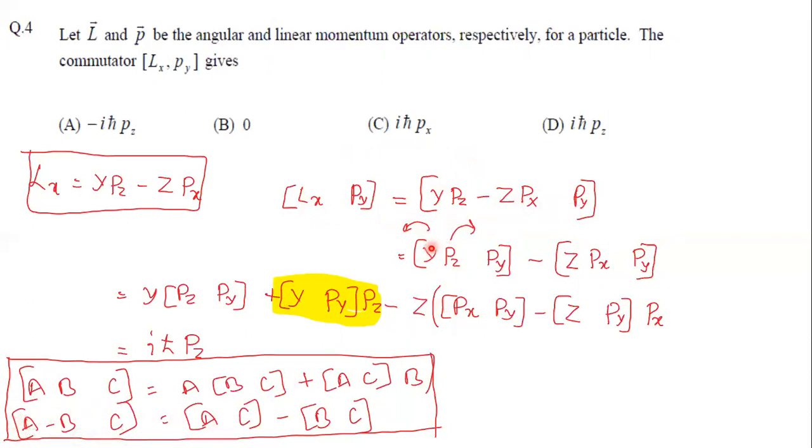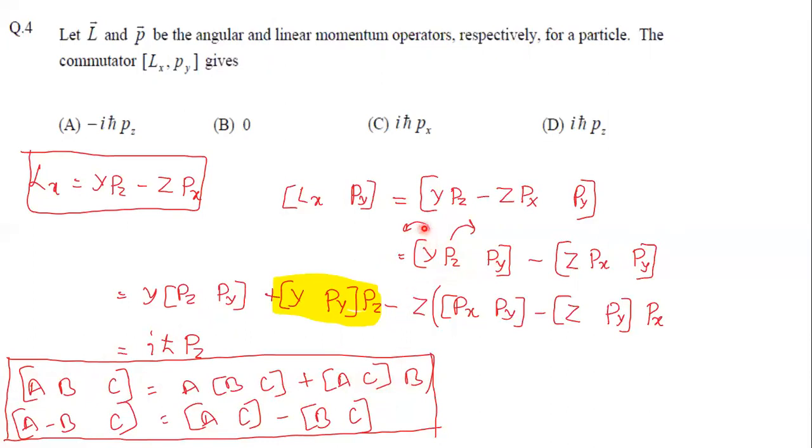Now this can be written as the commutator of y pz with py minus the commutator of z px with py. In this case, y and pz are operators, and the commutator of the product of two operators with one more operator py is expanded according to this formula.